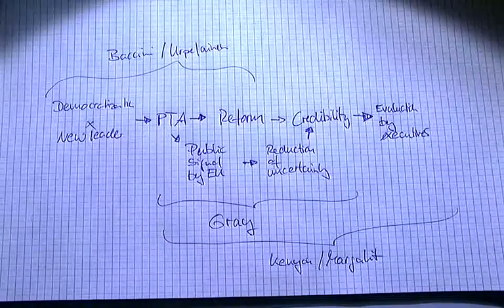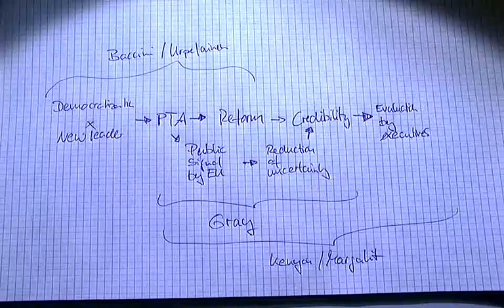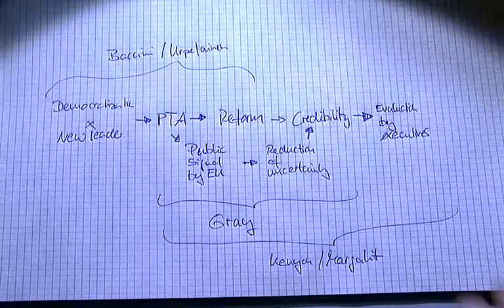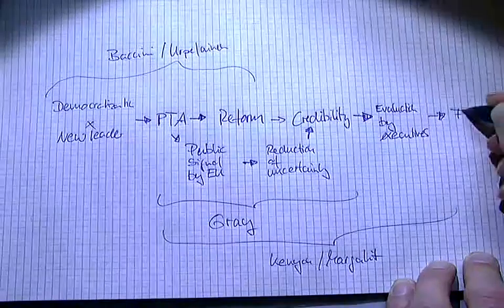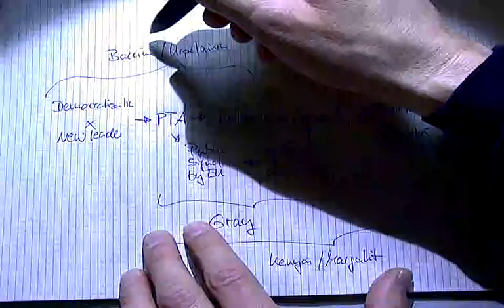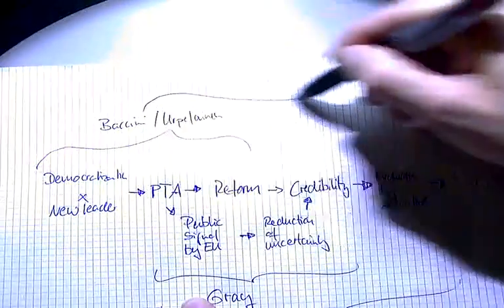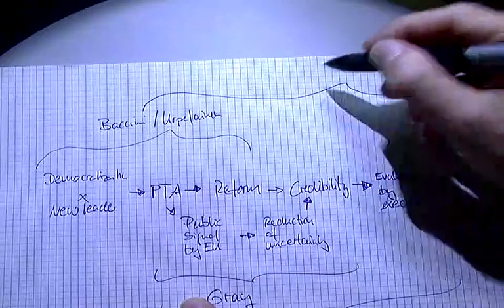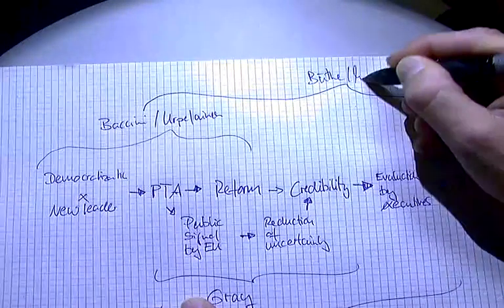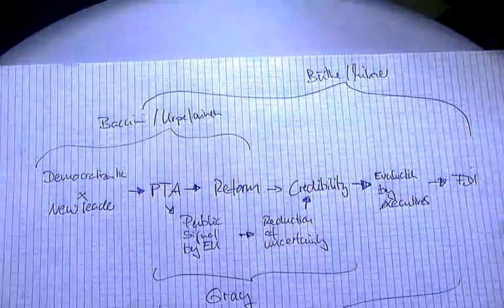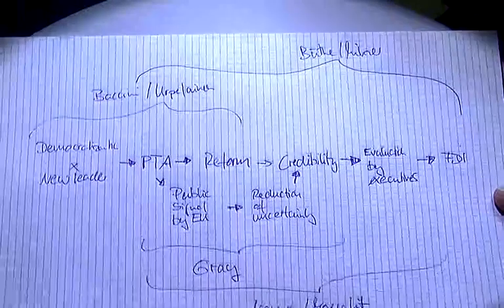And where do we put it? Exactly. So the better evaluation by executives leads to more foreign direct investment. So this is here, right? So PTA with an investment clause leads to more FDI. Okay?